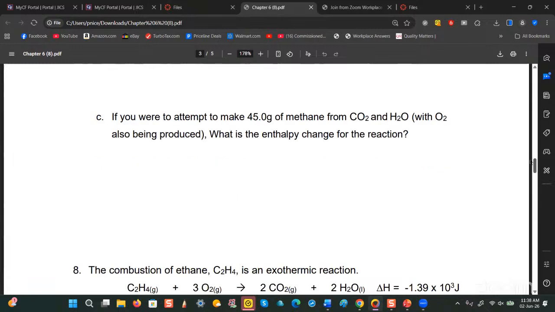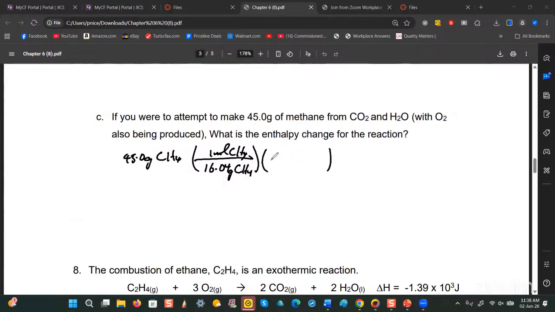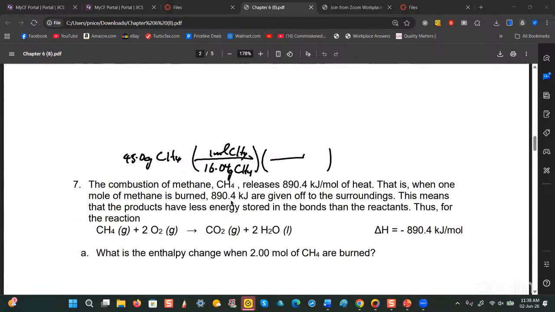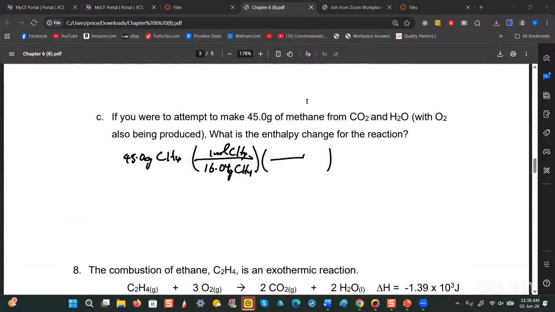So you're going to start off with 45.0 grams of the methane, convert to moles, so that would be 1 mole of methane over, what was it, 16.04 grams of methane, and then you multiply by the positive value, which was minus 890, well, positive 890.4.